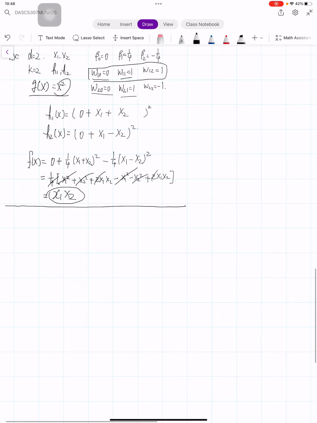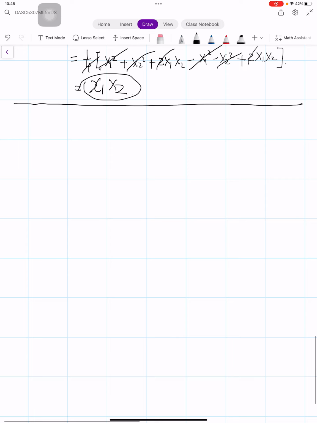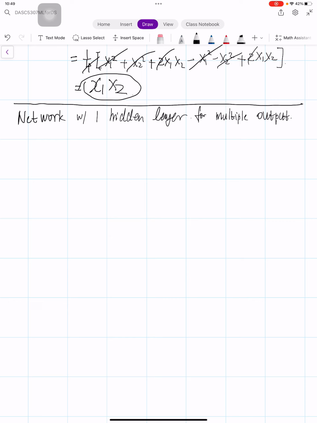But in the deep learning setup, the most successful modeling results are given by neural networks with multiple outputs. So, a network with one hidden layer for multiple outputs. The setup is similar to before, so we have the input layer.